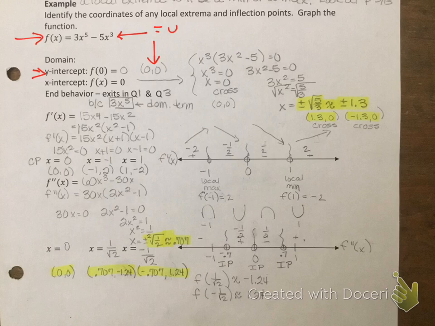When I factor it, I get this work. I can set each one of my factors equal to 0 and solve, and I get the following x-intercepts.